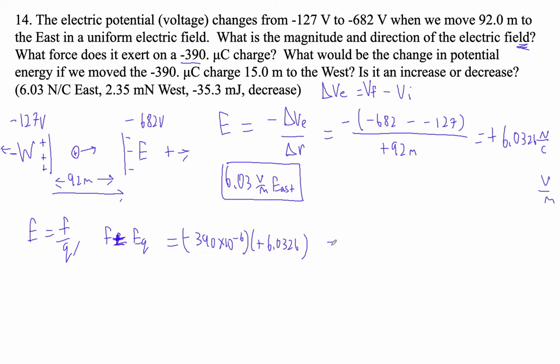And I'm getting that it is negative 0.002357 newtons, or 2.35 millinewtons. Because remember, a milli is times 10 to the minus third.